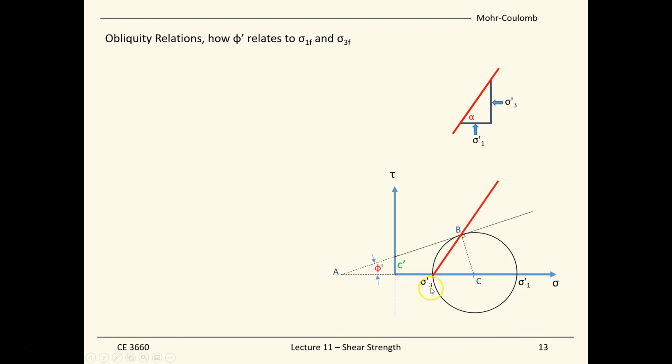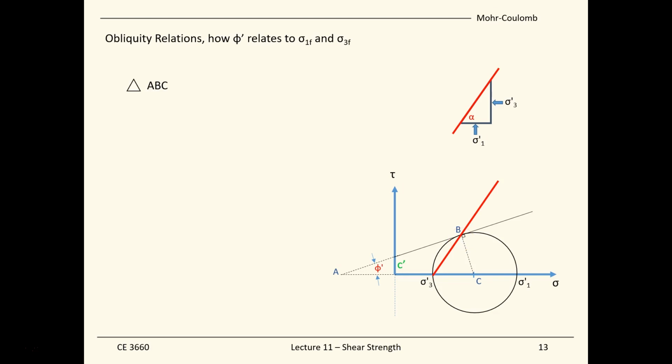We know sigma 1 and sigma 3. We can plot the Mohr circle, and we also know the Mohr-Coulomb failure envelope, which is the black line right here, with an intercept of c, and also a slope of phi angle. And also we know the failure plane with an angle alpha that goes through the pole and also touches the failure point.